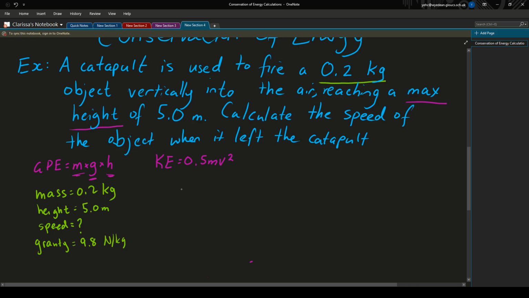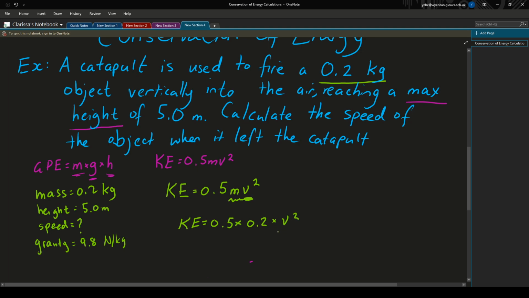My problem is I don't know which equation to pick because I have gravitational potential energy. I'm given a mass, a height, but they're asking me to find speed. So because they're asking me to find speed, I know at the end of the day I need to substitute things into this formula because I need to find V. Well, they gave me an M, so I can substitute that in.